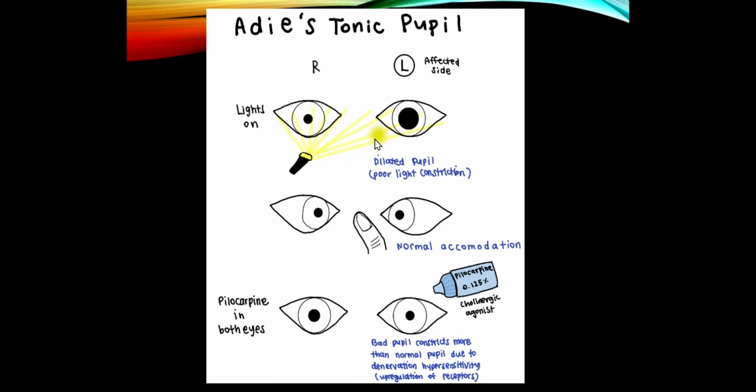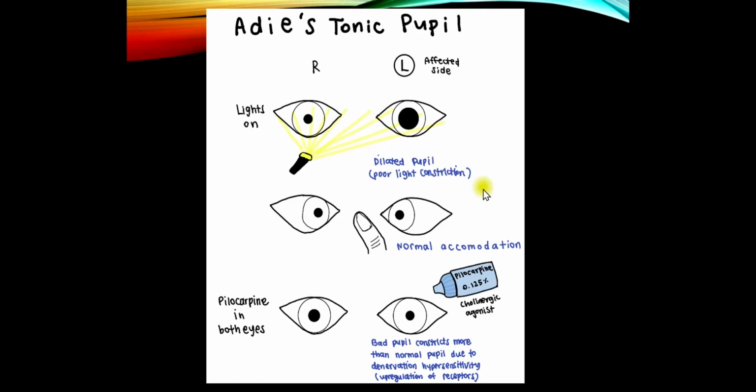And so we tend to get, over time, a brisk pupillary constriction to accommodation, looking to the nose, because that is a different pathway, different wiring. And so accommodation is preserved, but the pupil does not constrict very well to light. So that would be quite suggestive of Adie's tonic pupil, but there's something else we can do.